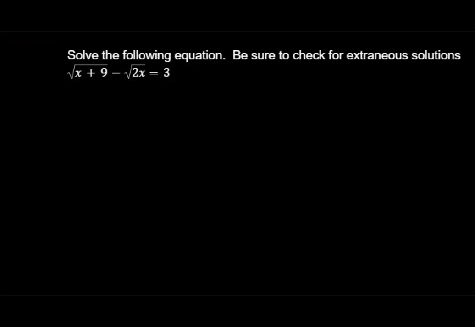Okay, so in this example, we are trying to solve a radical equation. This is one of the more complicated cases. Notice that we have two radicals on one side connected by addition and subtraction, and another number on the other side. If we were to try to move one of these radicals to the other side, it would still be connected by addition and subtraction.